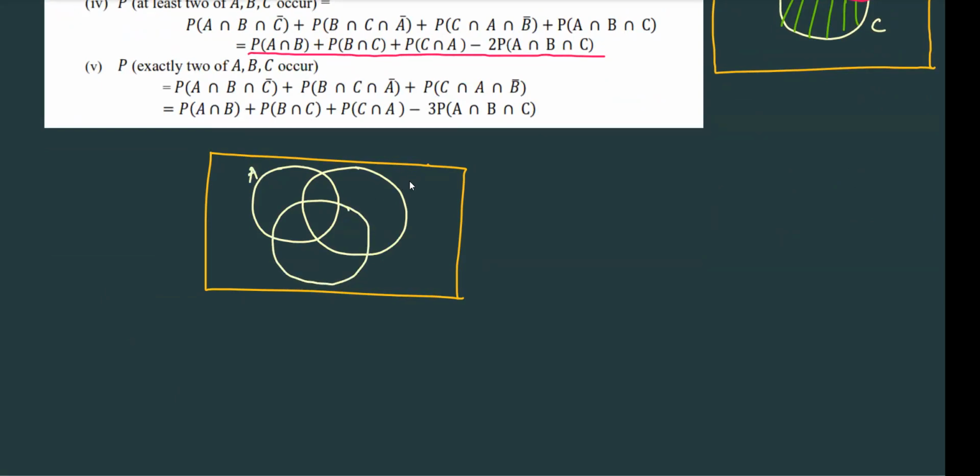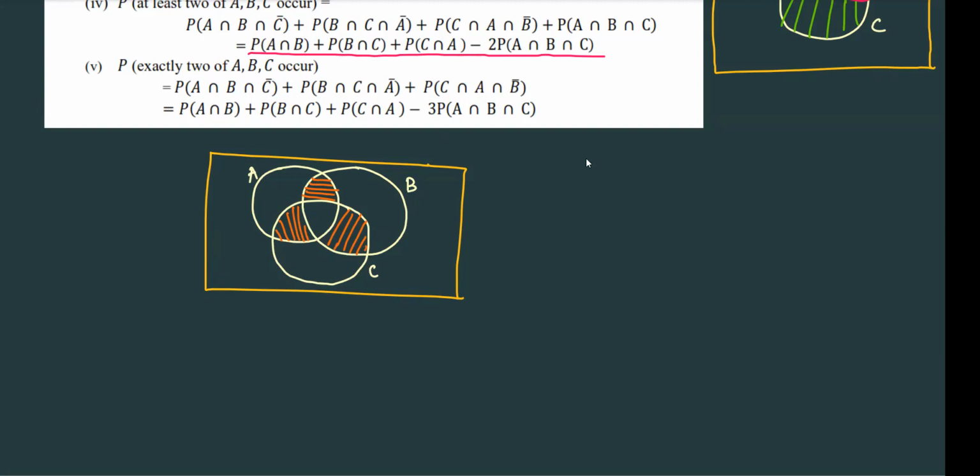This is A, this is B, this is C. Now exactly 2 of, so this is the region where A and B occur. This is the region where B and C occur. And this is the region where C and A occur. So exactly 2 means this is the area we see like this.